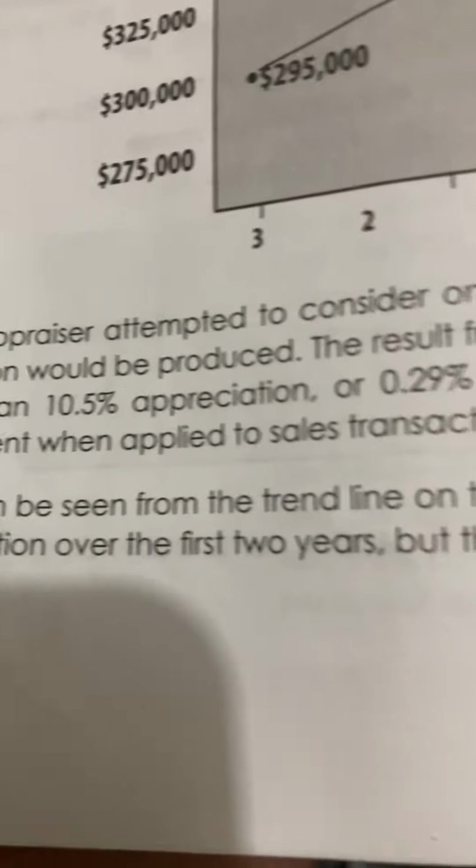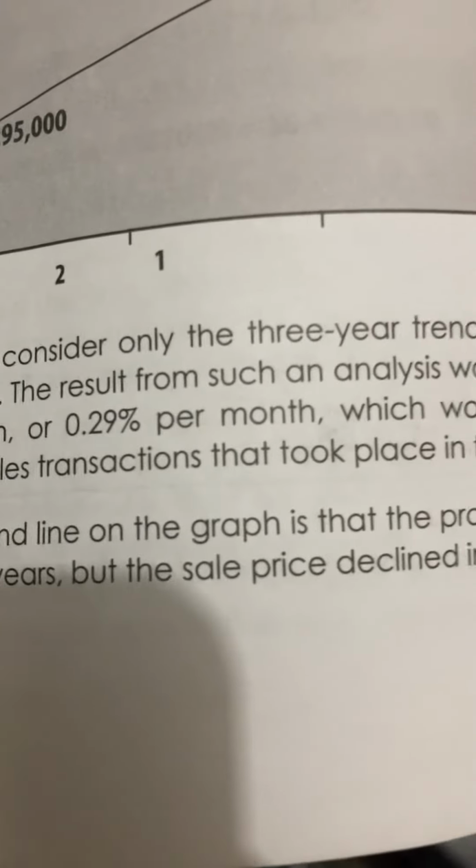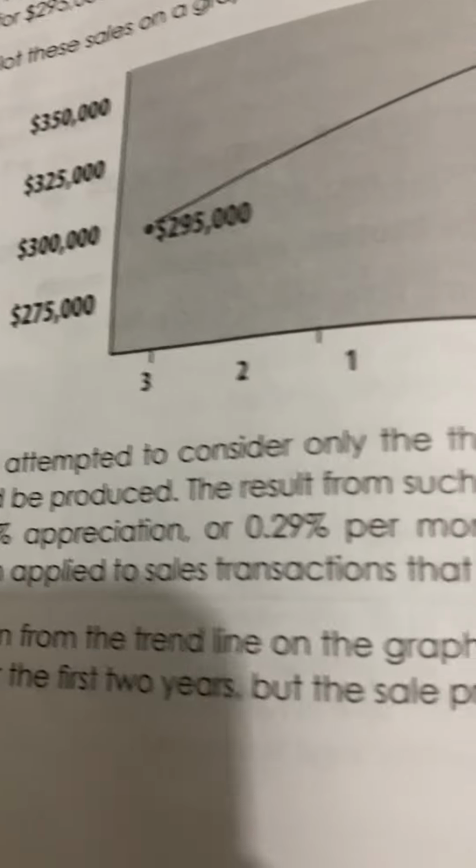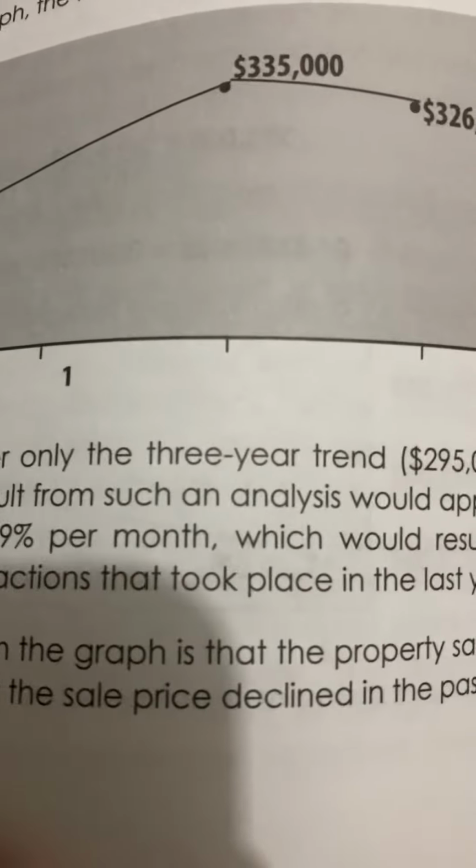What can be seen from the trend line on the graph is that the property sale price had significant appreciation over the first 2 years, but the sale price declined in the past year.